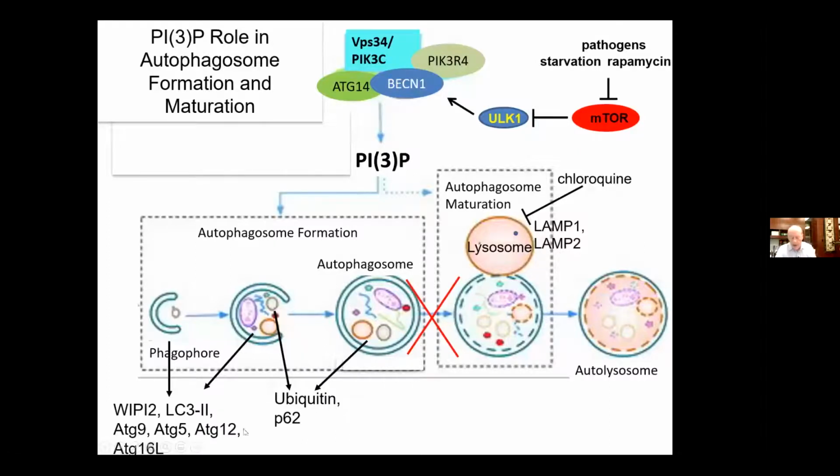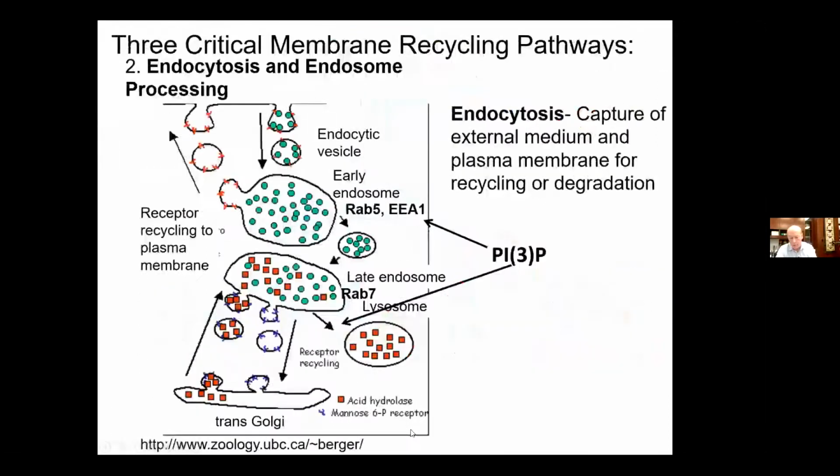You do not get prevention of this first step as would be suggested by the standard model here. And I'll also show in our studies with RPE cells that this requisite role for WIPI2 in this process through being recruited by PI3P is also somewhat questionable.